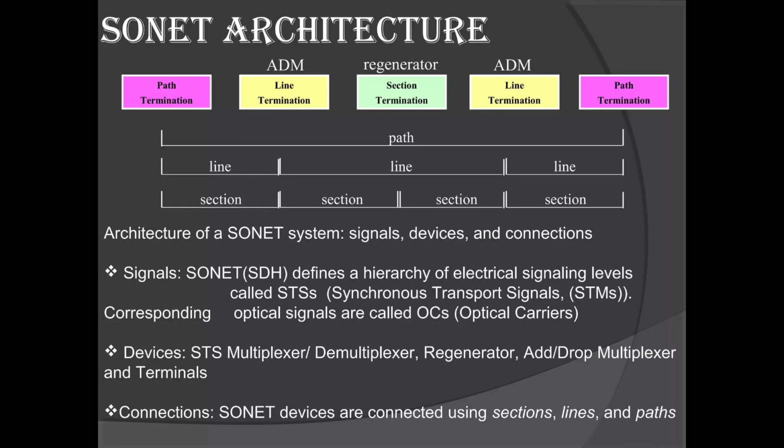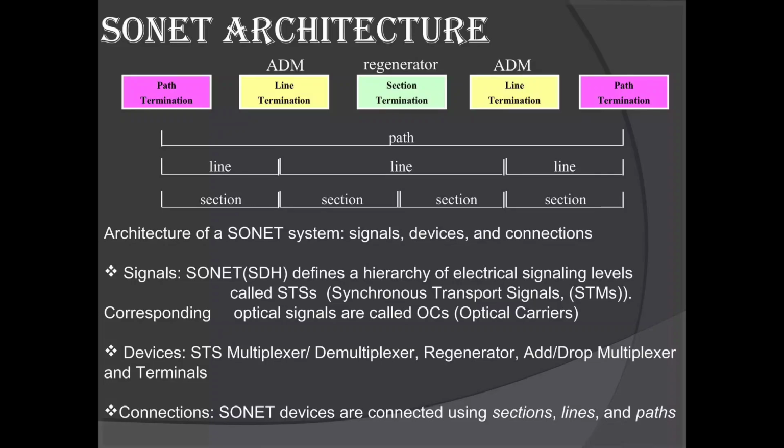In the beginning I told you that Sonet is a network used to transfer signals synchronously, so that's why it is also called synchronous transport signals. The corresponding optical signals are called optical carriers. Through optical fiber, they transmit signals synchronously.